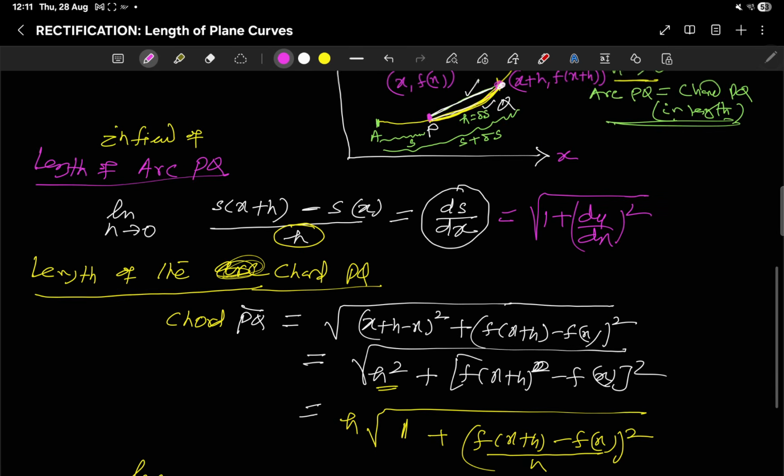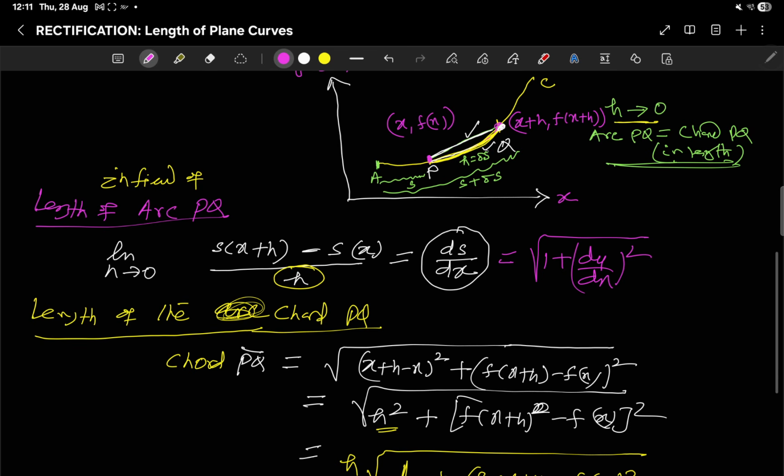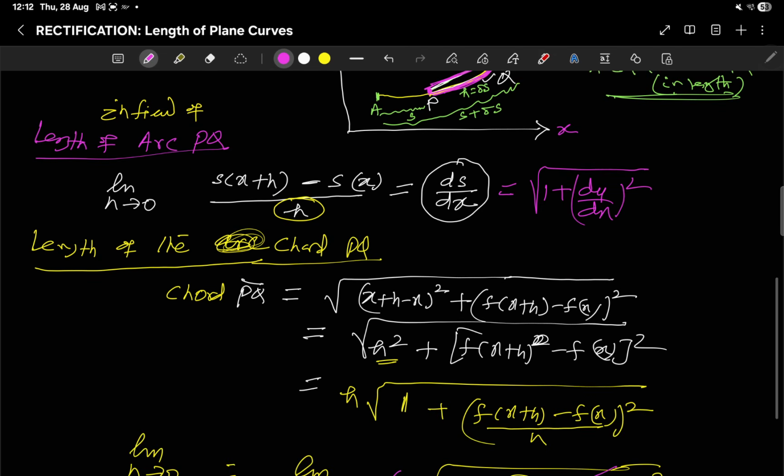So you see, when P tends to Q, meaning this shrinks to a point, the length of this arc is the same thing as the length of the chord. We don't need these details of derivation, we just need the formula, how this formula is generated. So what is my length of the arc? What is my ds now?